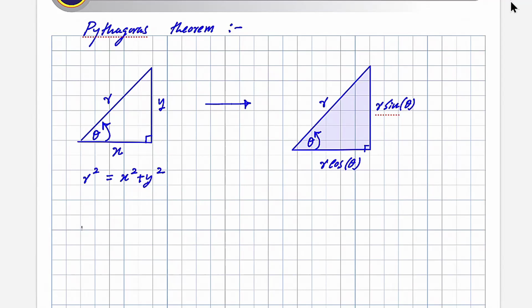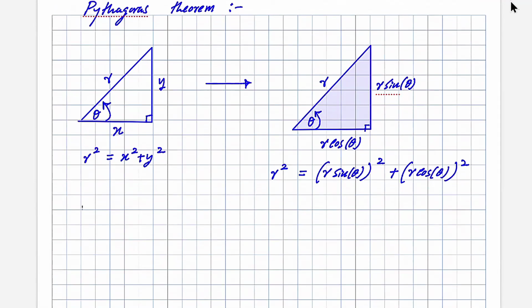Now we'll use Pythagoras theorem to the second object. So if you use Pythagoras theorem to the second object, you get r squared, then r sine theta, the whole thing squared, plus r cosine theta, the whole thing squared.